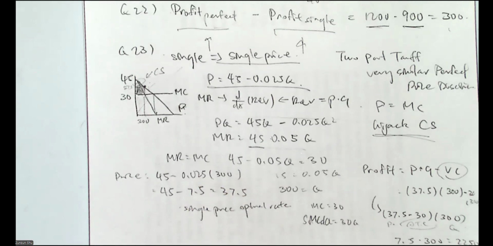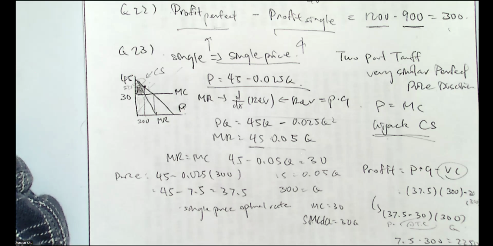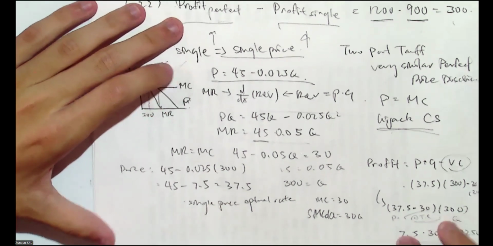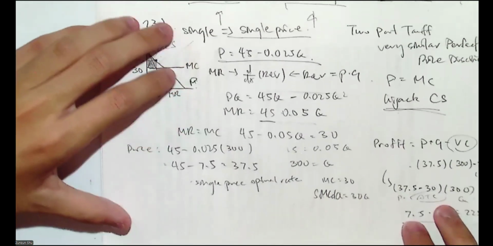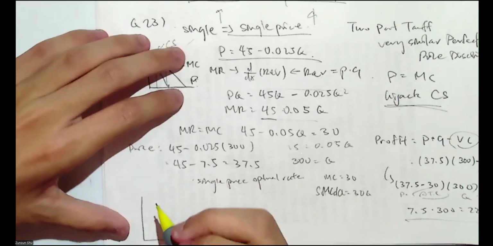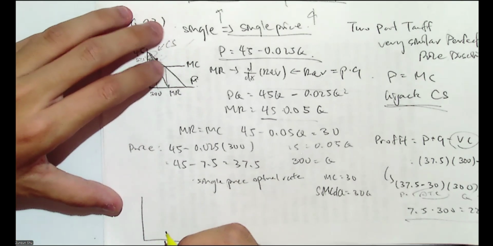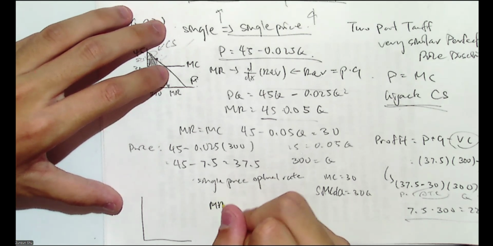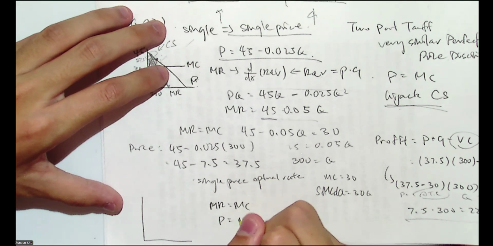Now, here's question 23, 24. And now the question is, what happens if they implement a two-part tariff? In this case, they would actually have this, right? In a two-part tariff, instead of using MR equals MC, we use P equals MC.